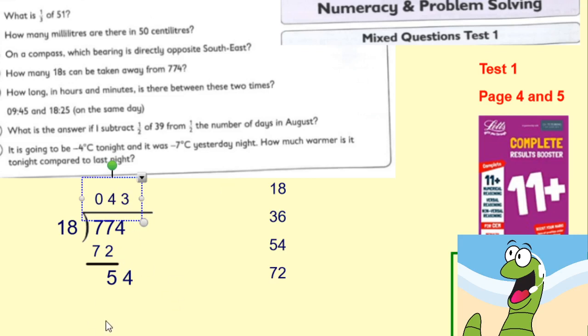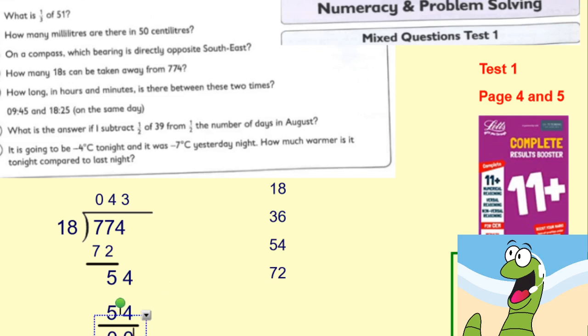And just to make sure there's nothing left over, I can write a 5 and a 4 here, and I know that if I took 54 away from 54, I would be left with absolutely nothing.